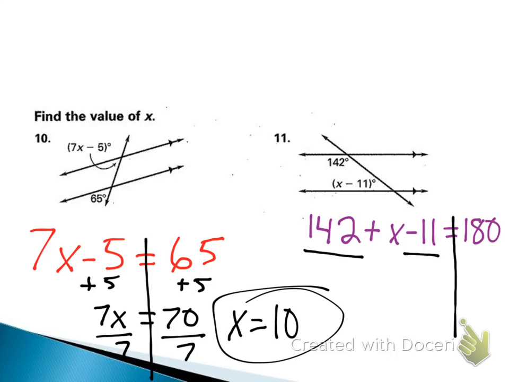which gives us 131 plus x equals 180. Then what?